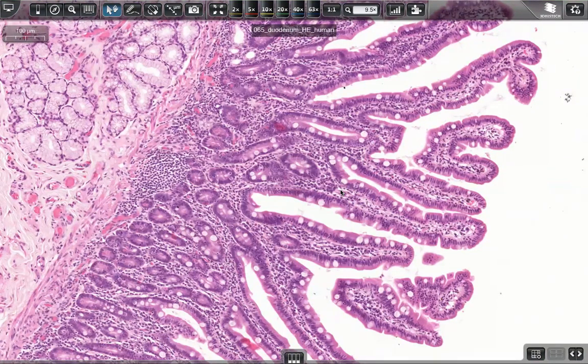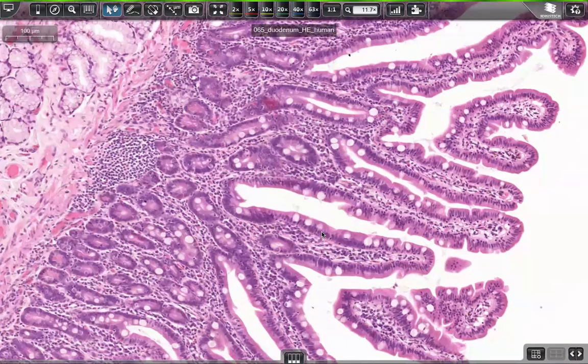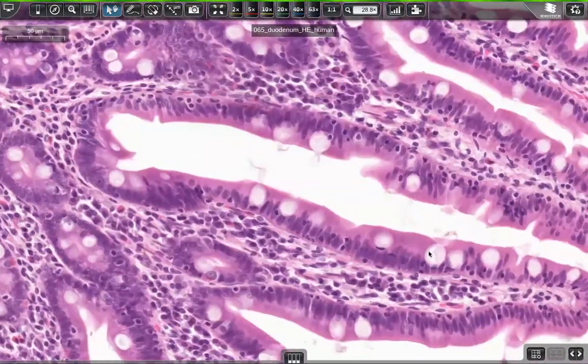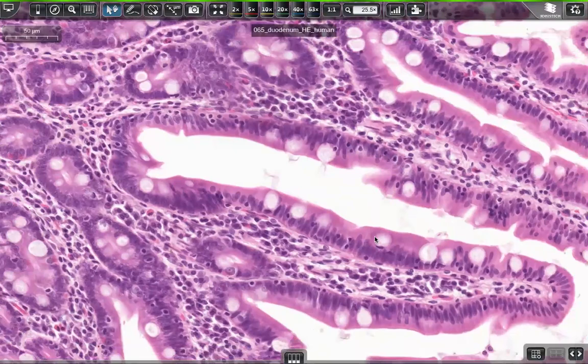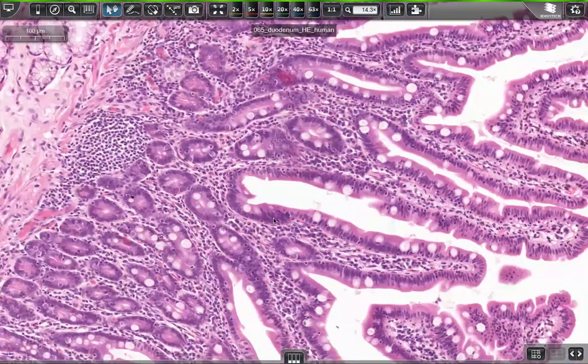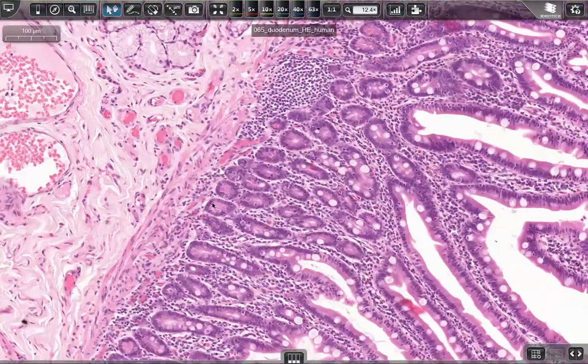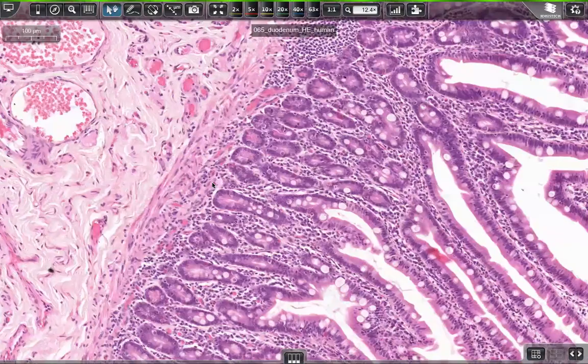Cell-rich connective tissue, so that's part of the propria. Among the cells, we have goblet cells, and at the bottom of the propria, we have these intestinal glands called crypts of Lieberkühn.